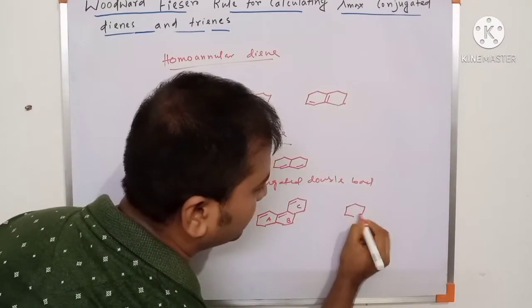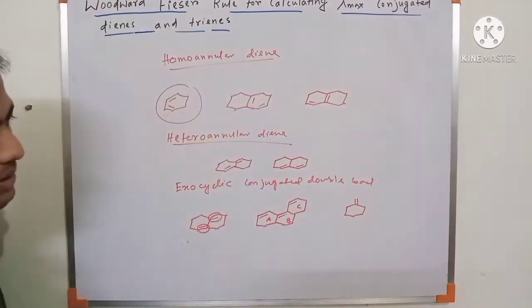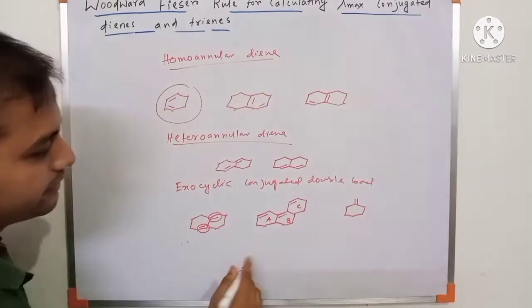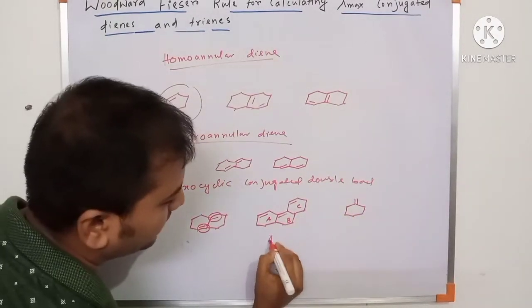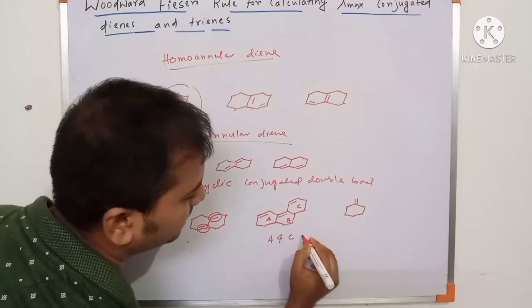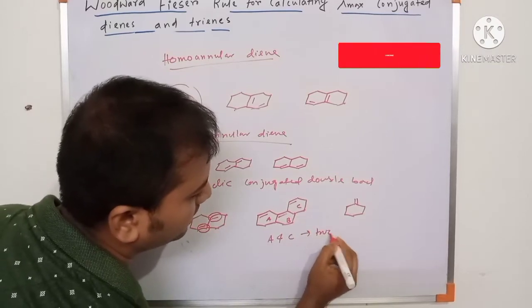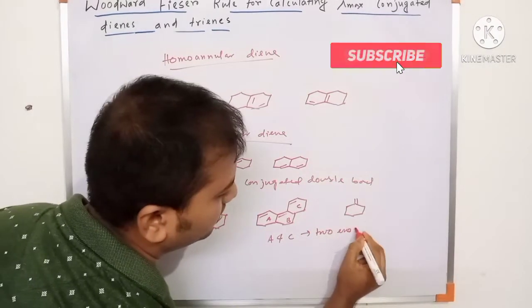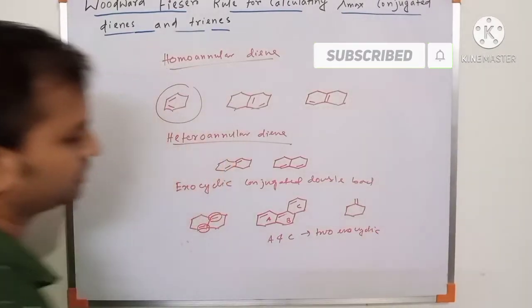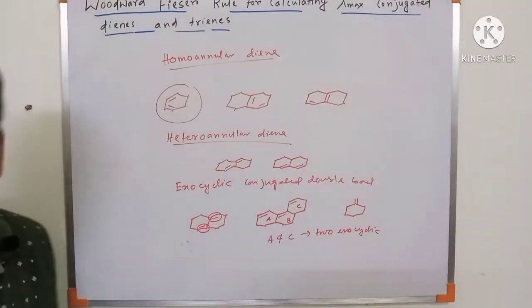Exocyclic bonds mean carbon-carbon double bonds protected by the rings. So A and C have two exocyclic double bonds.